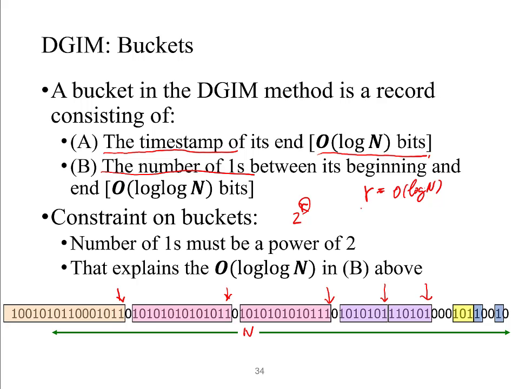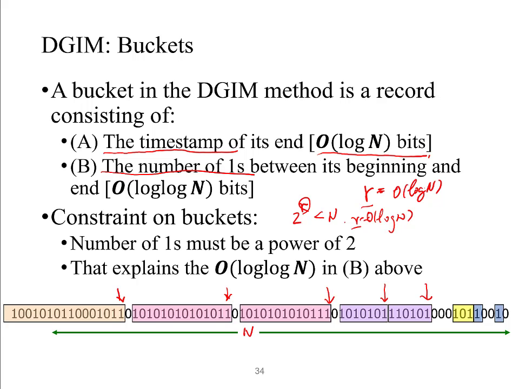So this r, because we know that 2 to the power of r is smaller than n, it means r is smaller than log n, which makes it big O of log n.